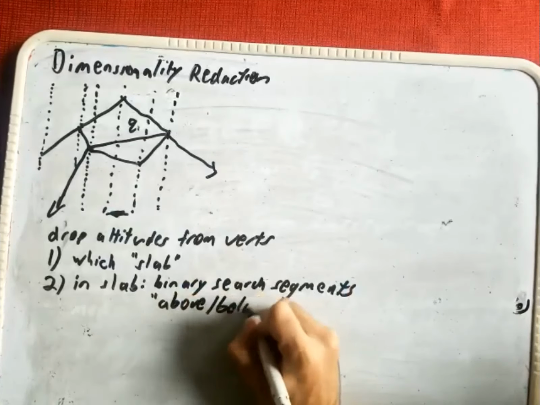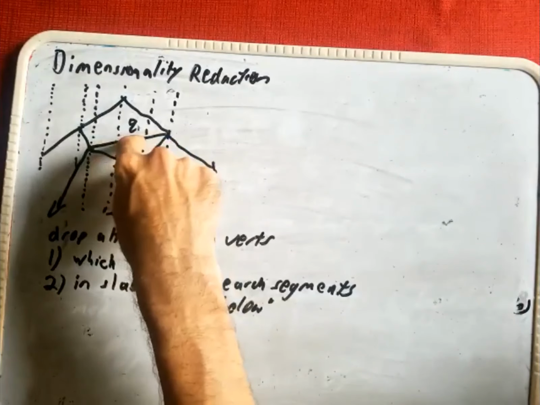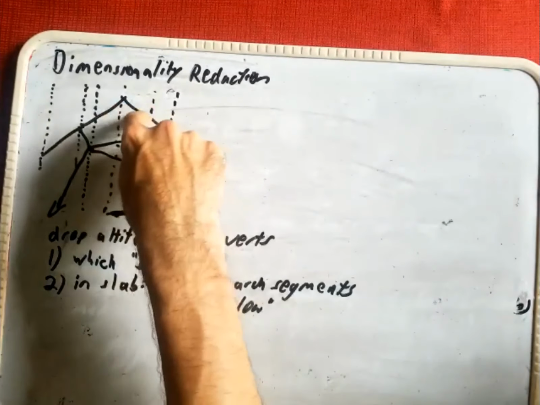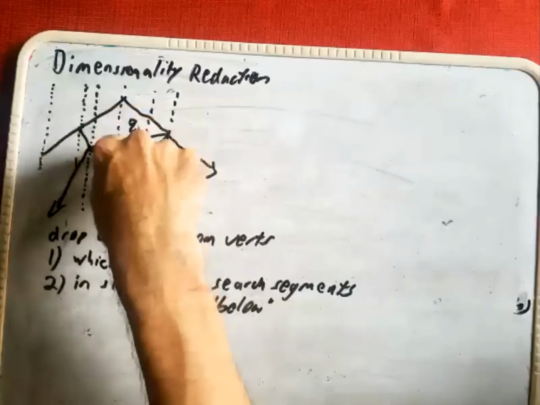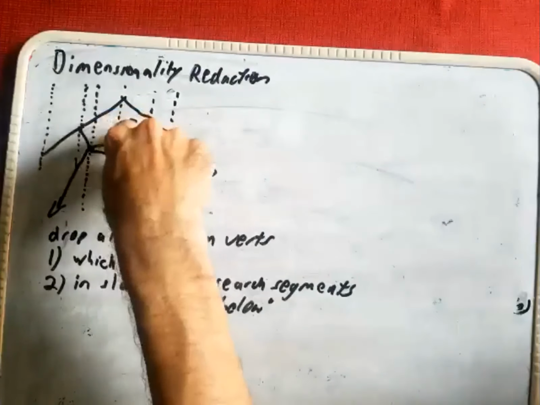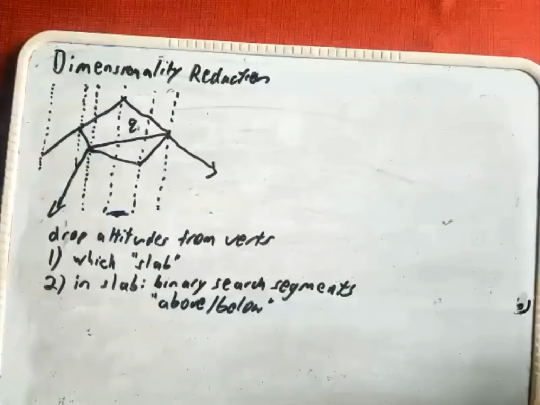And that again is a canonical primitive operation that you can invoke in computational geometry. It's not hard to figure out what the algebra is, but we don't even care. So once I'm in this slab, I ask, is the query point above or below this line segment? It's above this line segment. Is it above or below this line segment? It's below this one. These two line segments are right next to each other, with nothing between them. So now I know the region of the query point.